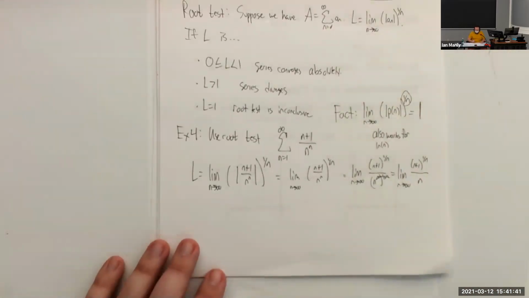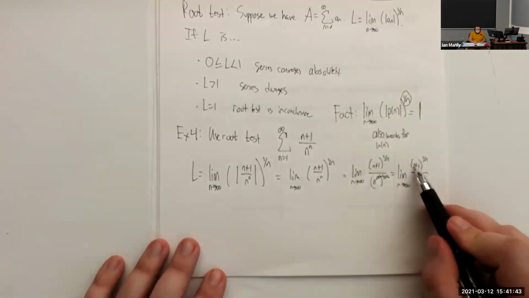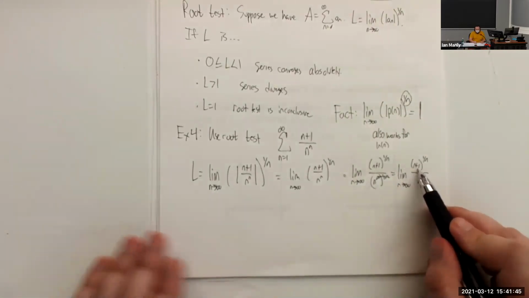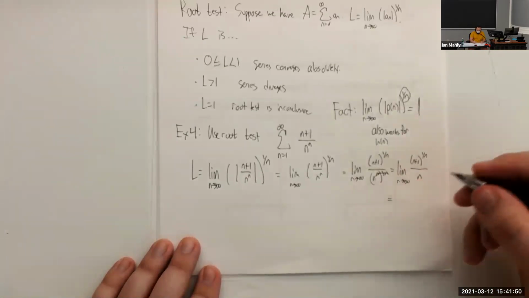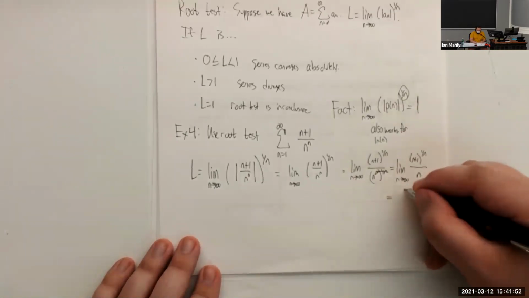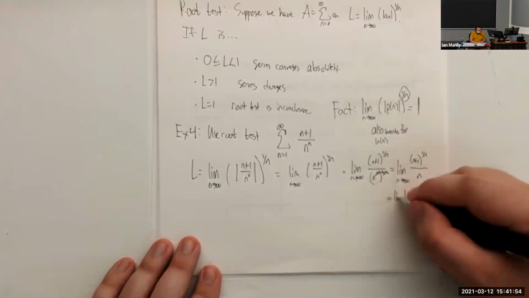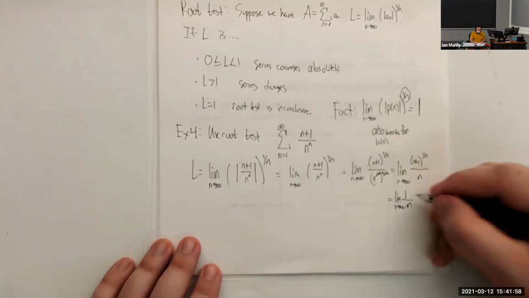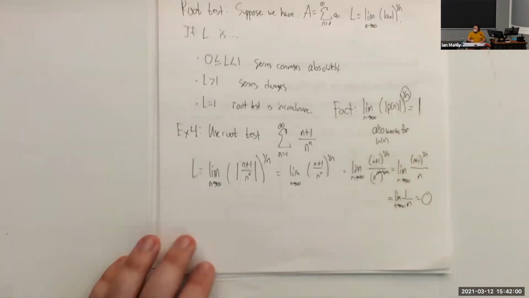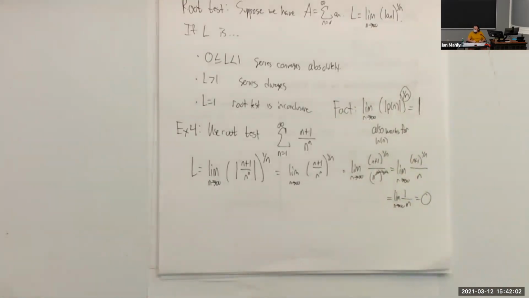All right, so then this is our polynomial right here. Our polynomial is n plus 1. So if we send that to infinity with a 1 over n, we're just going to end up with 1. But meanwhile, we have this n down here, which actually is going to infinity. So we end up with 0 for our test here.